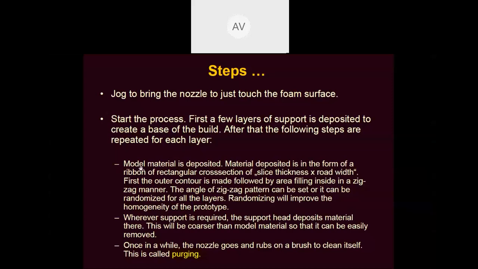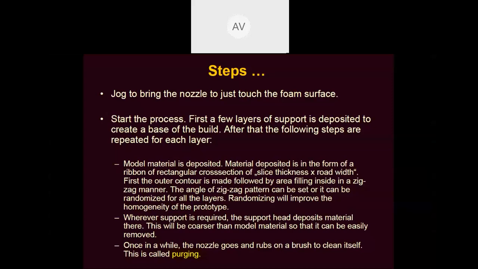Okay. So the model material is deposited. The material is deposited in the form of a ribbon of rectangular cross section, with a slice thickness of road width. The first contour is made, followed by an area filling inside in a zigzag manner.